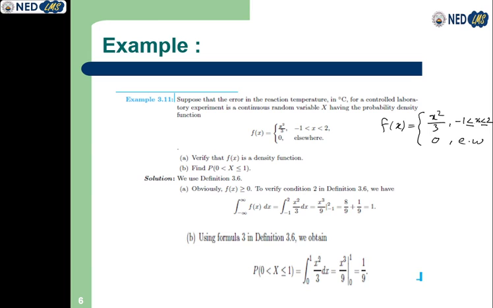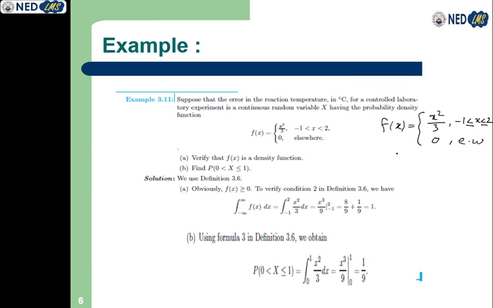And if x lies beyond these limits, for example less than -1, or greater than 2, for example 3, 4, 5, then at all these points f of x equal to 0.